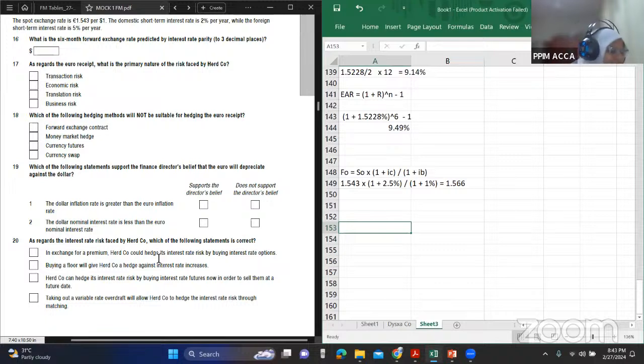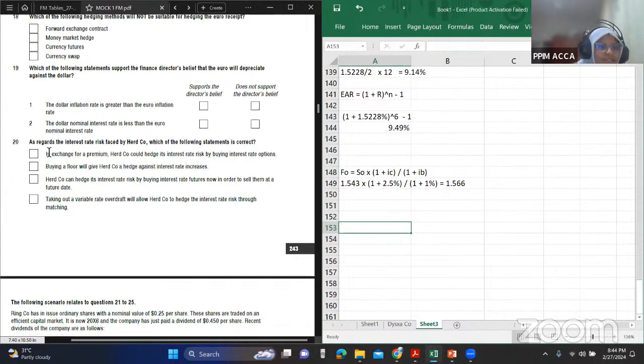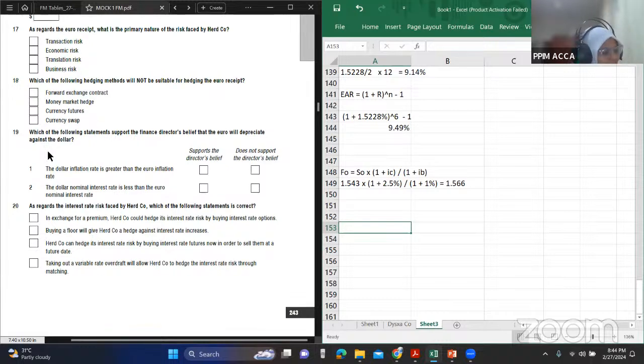Okay. Then the 20th one, as regards the interest rate risk faced by Herd, which of the following is correct? Okay, so what is the interest rate risk they're facing? They are issuing loan notes, which is redeemable, and the interest paid is variable. Okay. In exchange for a premium, Herd company could hedge its interest rate risk by buying interest rate options.